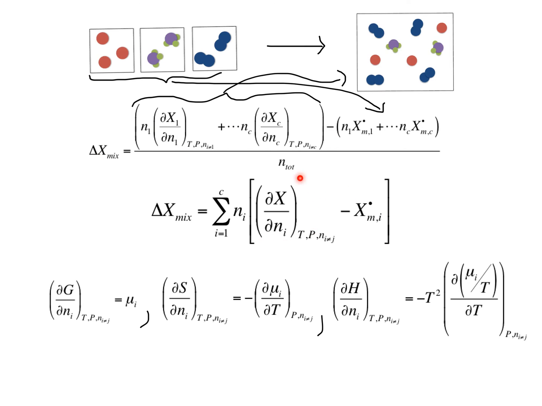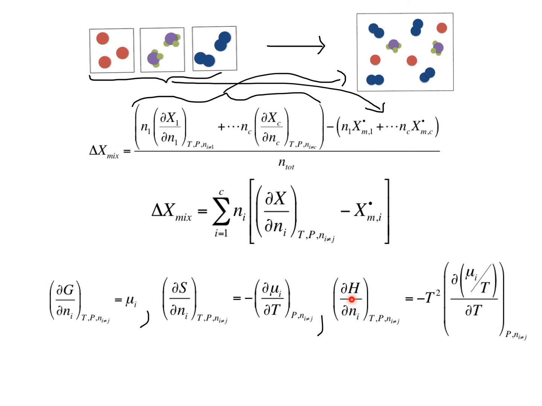As we know, the partial molar Gibbs free energy is simply the chemical potential. Because the entropy is the opposite of the derivative of the Gibbs free energy with respect to temperature, we can show that the partial molar entropy is equal to the opposite of the derivative of the chemical potential with respect to temperature.